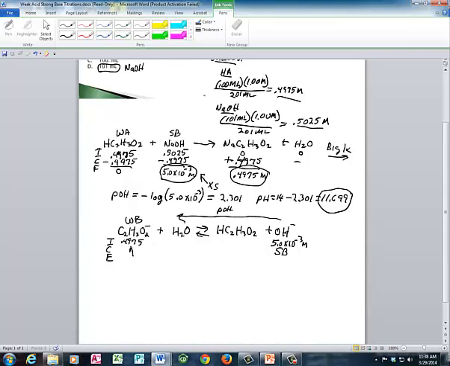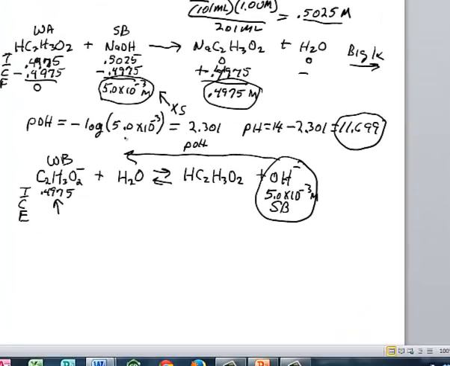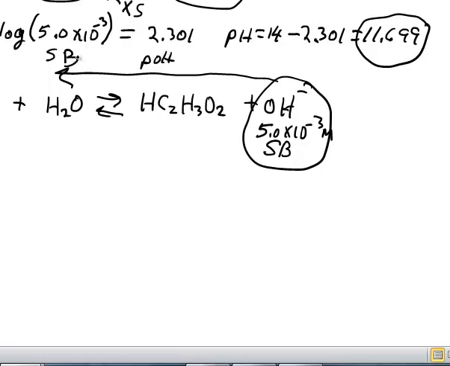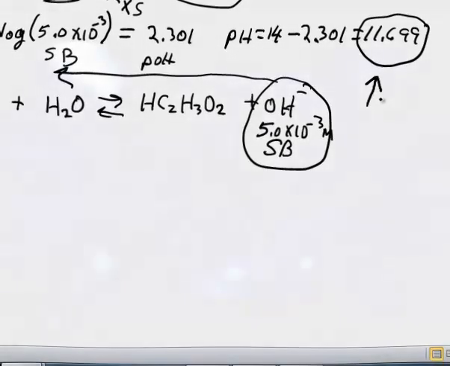It doesn't really matter what the concentration of the weak base is. Its Kb is so small that the only thing that matters is the excess strong base concentration. So we get the pOH by taking the negative log of the excess strong base once we've gone past the equivalence point, and then we subtract it from 14 to get the pH.